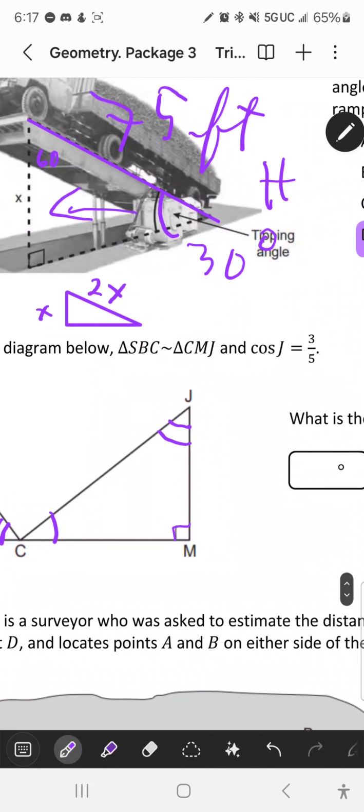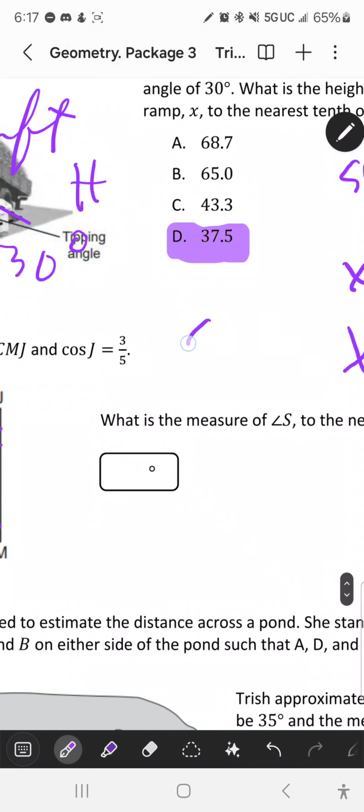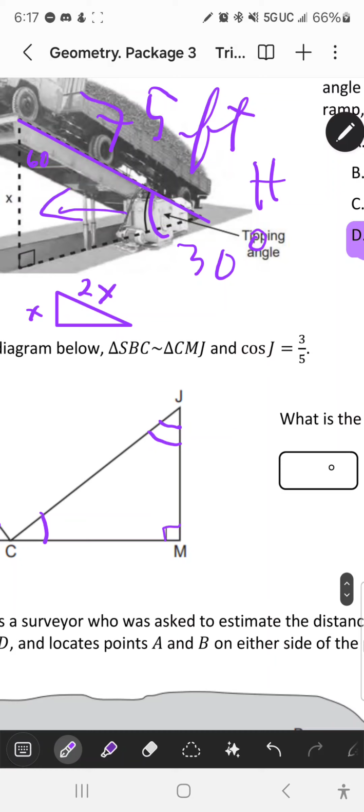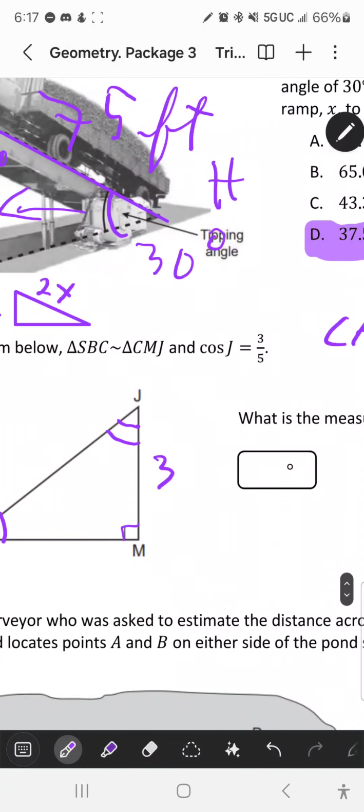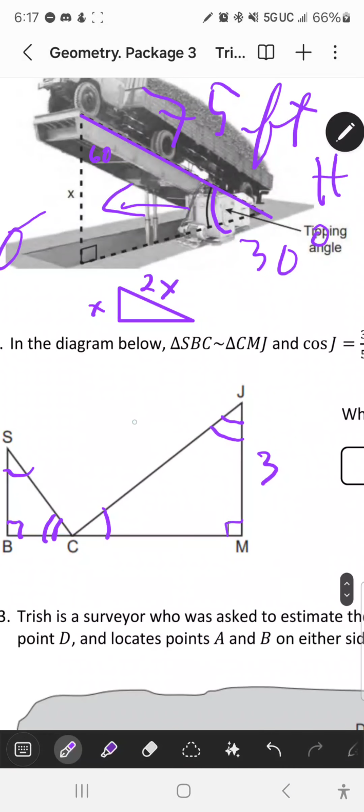Now we know that the cosine of J is 3/5, so it's adjacent, which is the one right here. So this is going to be 3. And then hypotenuse, which is the long one opposite to the 90 degrees, so this one is 5.